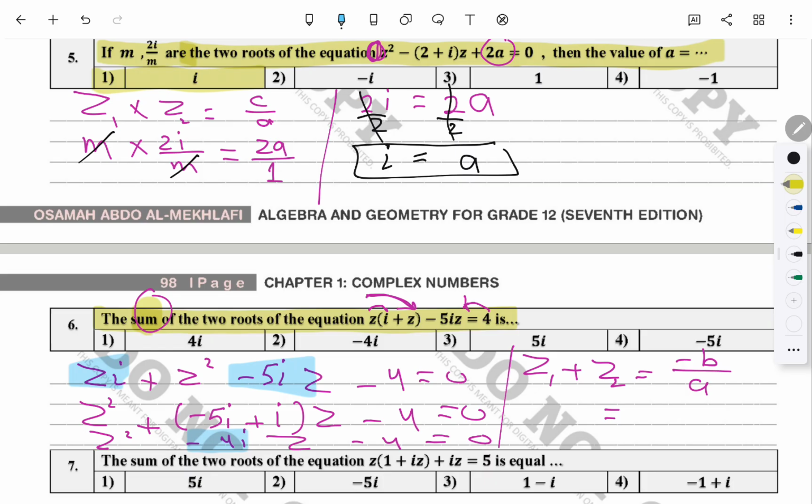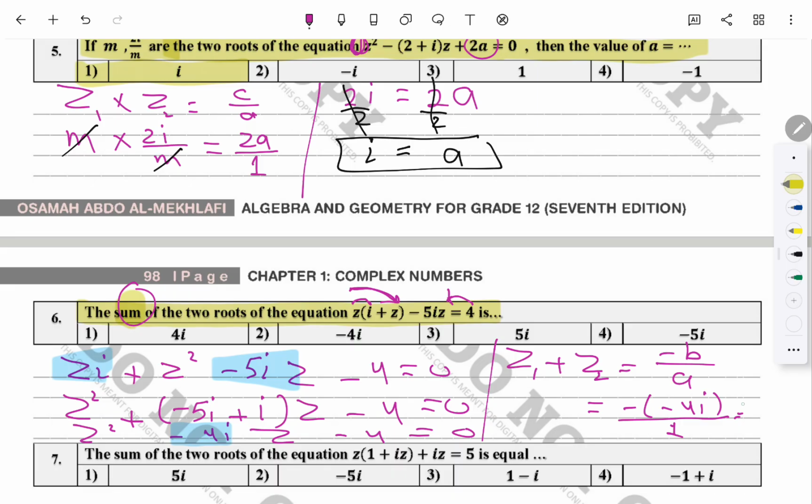Take care about the negative from the formula and the negative from the b, divided by a, which is 1. Now, negative by negative is positive, so the answer is going to be 4i, which is the first choice. It is here, 4i.